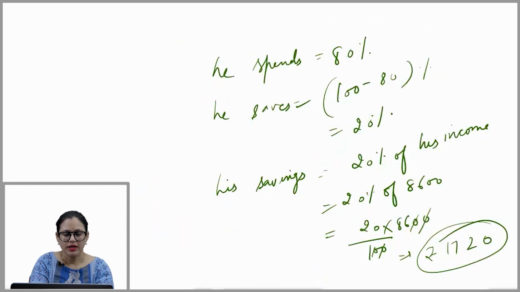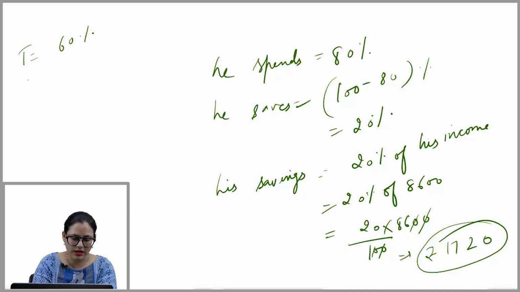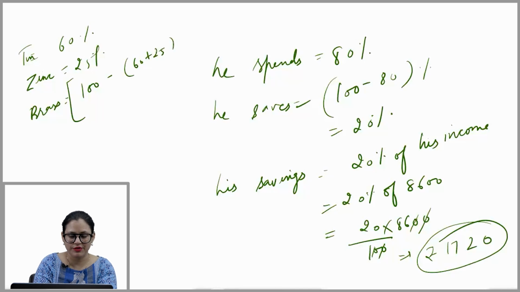So what will we do? You know the percentage of tin is 60%. Zinc, you have 25%. Now we have to find out the percentage of brass. Okay, so 100 minus 60 plus 25%.